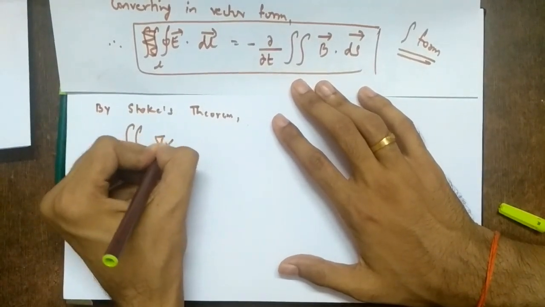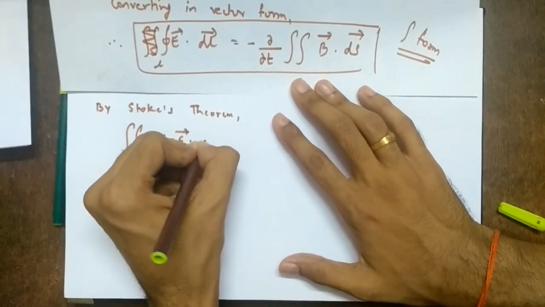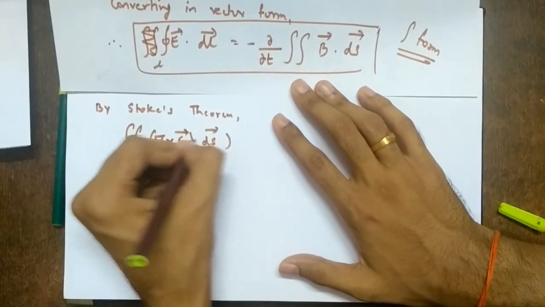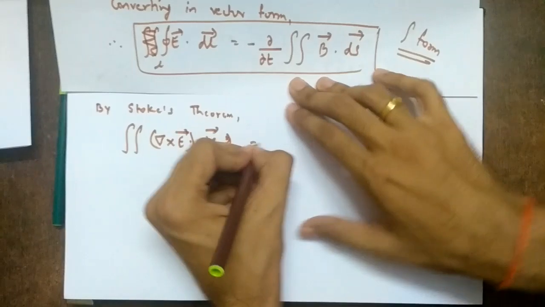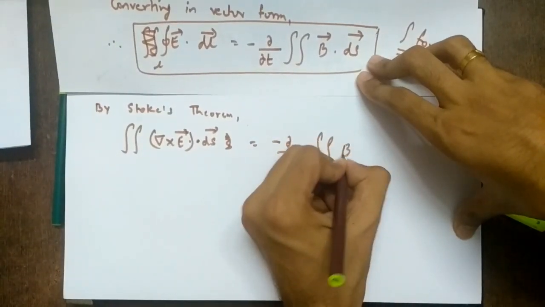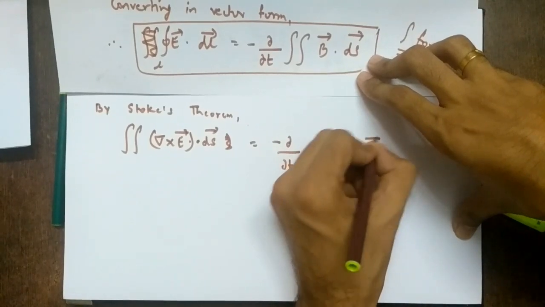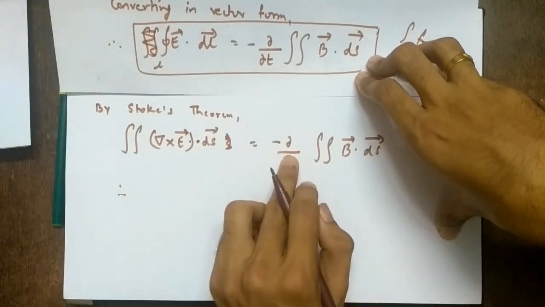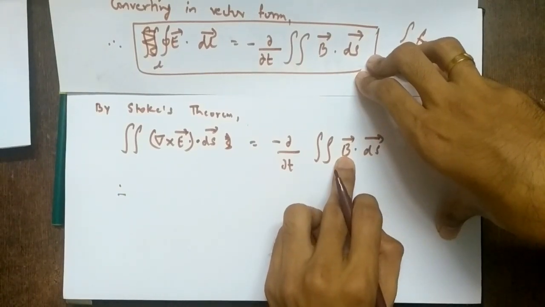So what will this become? Surface integral of del cross E vector dot ds vector equal to minus ∂ by ∂t surface integral of B vector dot ds vector, right? So again I can take this minus ∂ by ∂t inside.